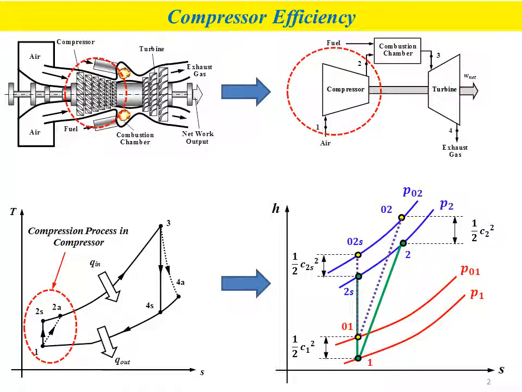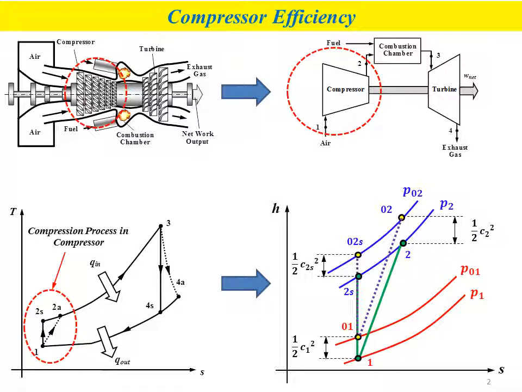State 1 and state 2 represent the static state. State 01 and 02 represent the stagnation state, and state 02s represents the stagnation state during the isentropic process, and state 2s represents the static point during the isentropic process.